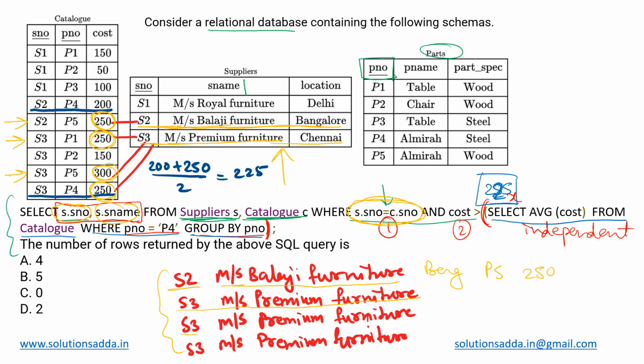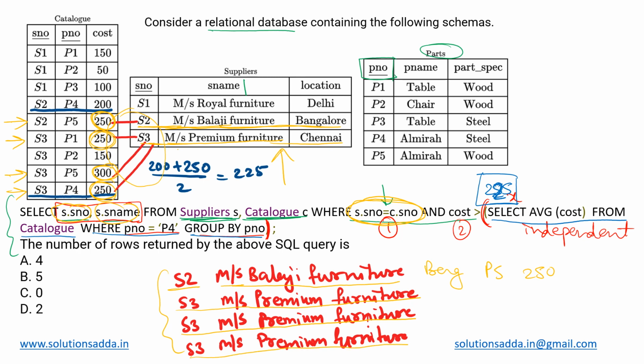So again S3, MS Premium Furniture. And same goes for the last one. All the last three tuples in catalog will be mapped with the same S3 Premium Furniture in supplier table. As you can see, we have shown the joinings with this red color over here. So these are the four resulting tuples that we have got.